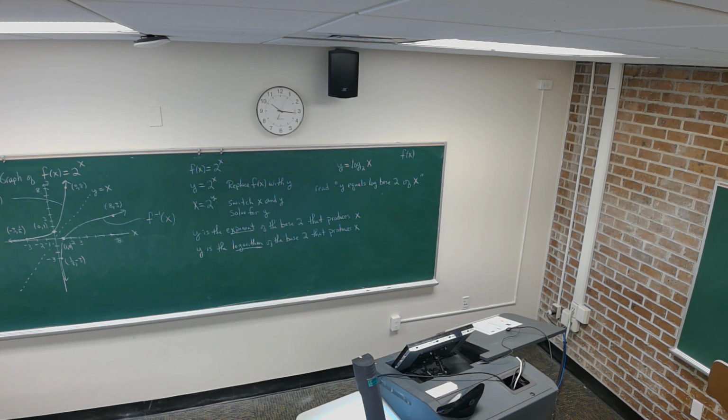That means if y equals log base 2 of x is true, then x equals 2 to the y is true, and vice versa. If x equals 2 to the y is true, then y equals log base 2 of x is true. Because to get this equation, all we're doing is rearranging the numbers in this fancy notation, and to get this equation, we just rearrange these numbers.